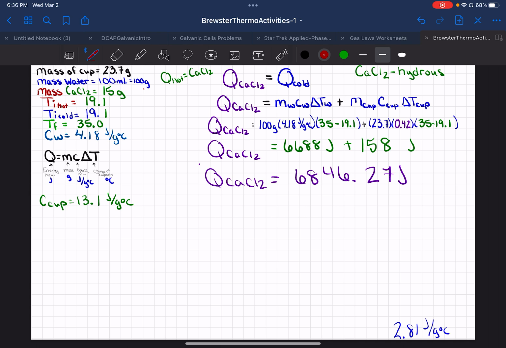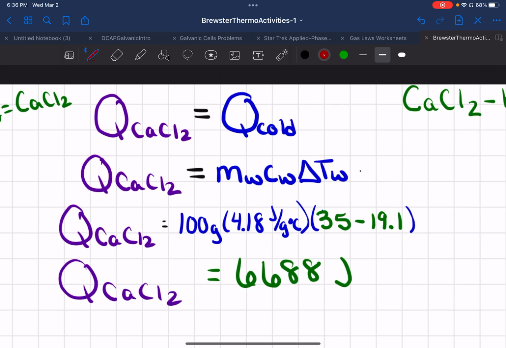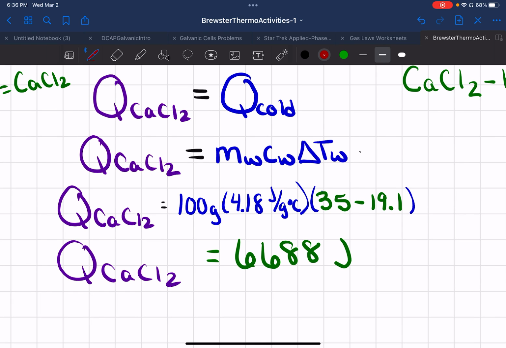Now, again, if you have not good values for the specific heat of the coffee cup, then go ahead and just run it strictly with the water. So this calculation is redone, and all I did was I focused on the water because honestly, 158 joules of energy absorbed by the cup is not going to make that much of a difference on your calculations.